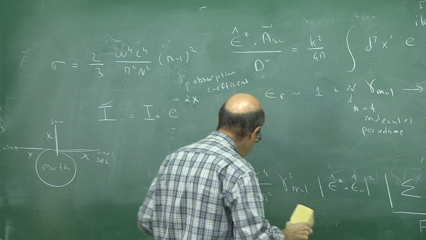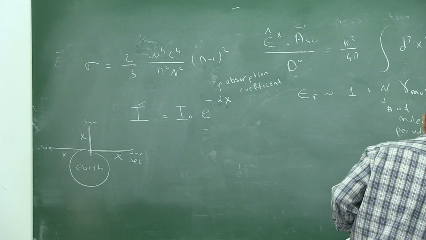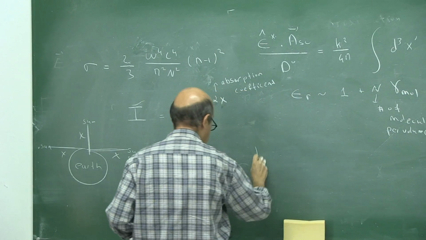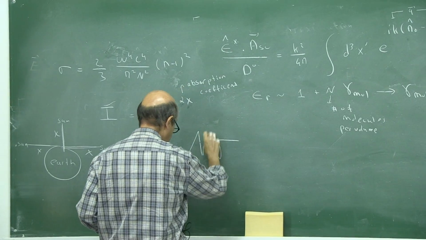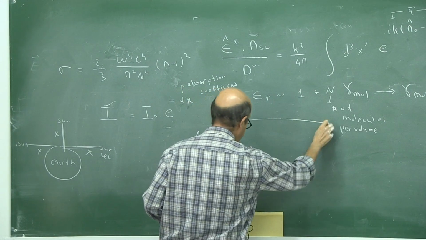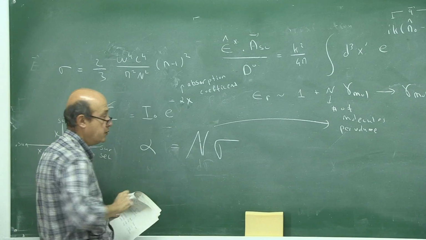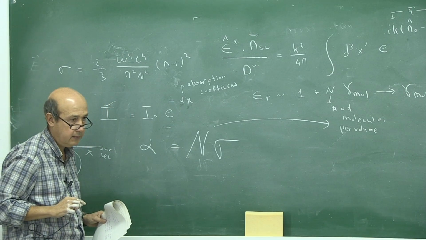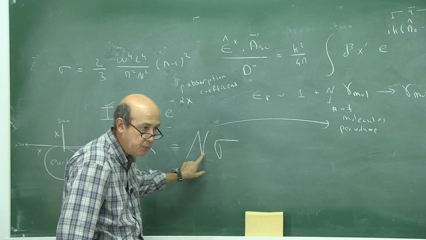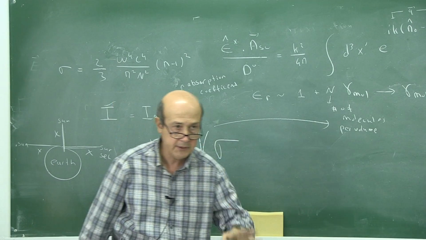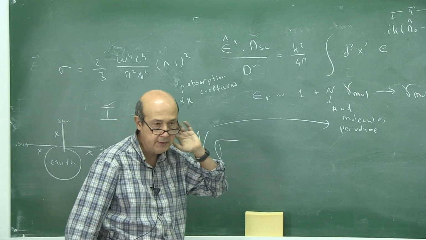If we multiply the scattering cross section with the number of molecules per volume, we can obtain the absorption coefficient. Okay? So even if the scattering cross section is the same, if the medium is changed, the absorption coefficient will be different, and the radiation will decay exponentially differently.